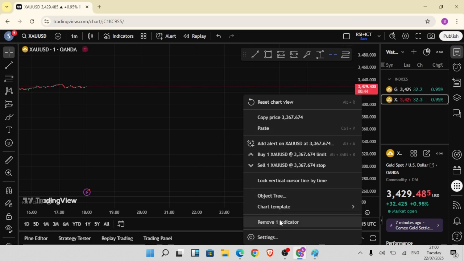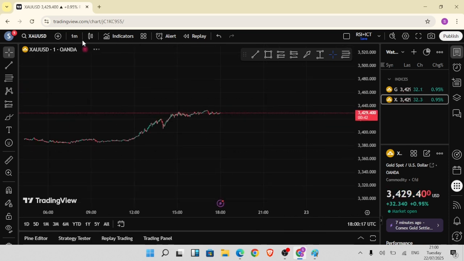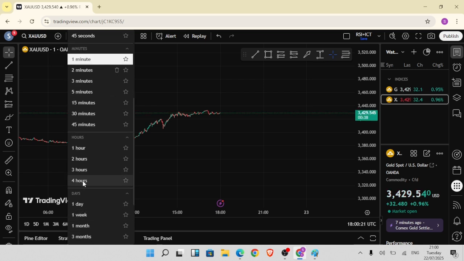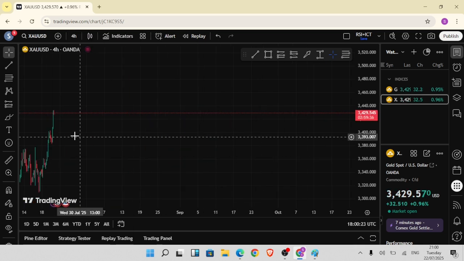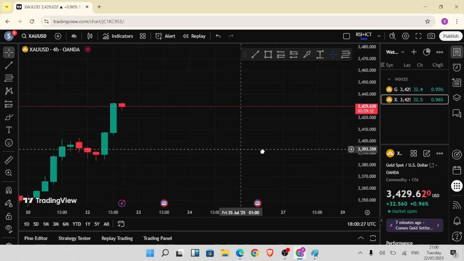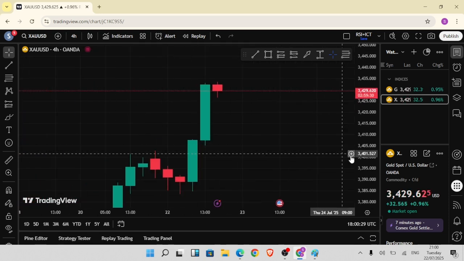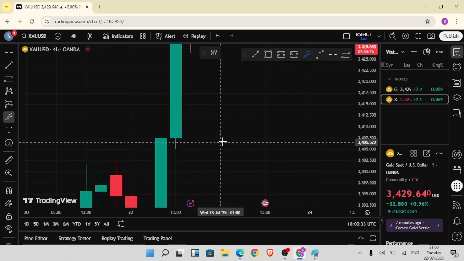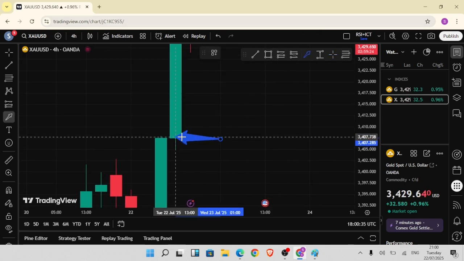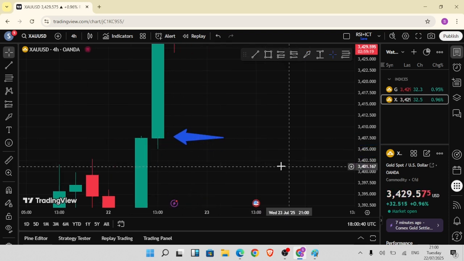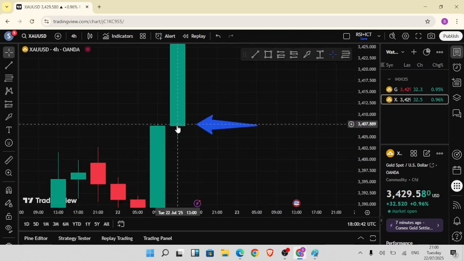I have an indicator. So let's come back to the charts. Let me use the 4 hour. If price opened here, okay, and then it moved low.